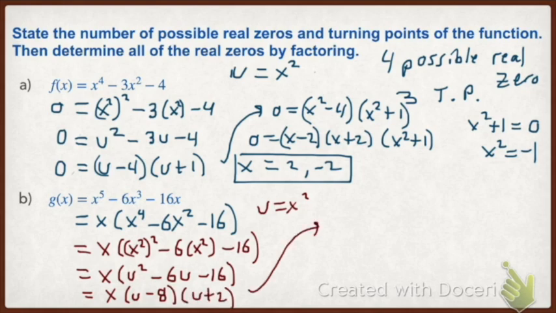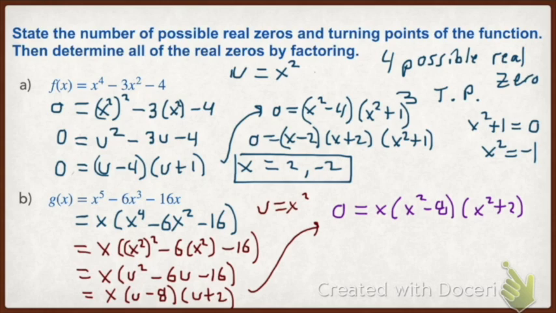All right, so now we're going to replace all of our u's with x squareds. These are all zeros, by the way. So we have 0 equals x, x squared minus 8, and x squared plus 2.